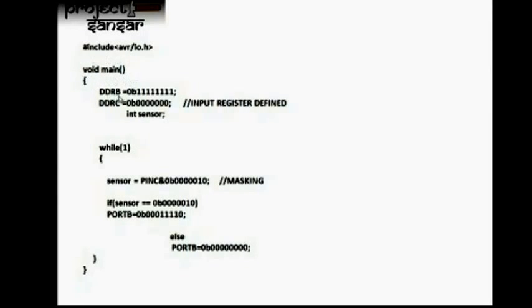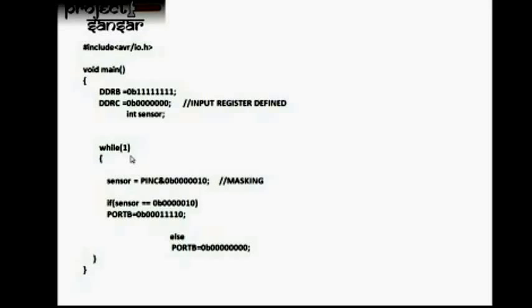Well, now we go to the main function. Here you see we have defined the data direction register for port B as output and the input register for port C. We have also initialized an integer value named sensor, int sensor.